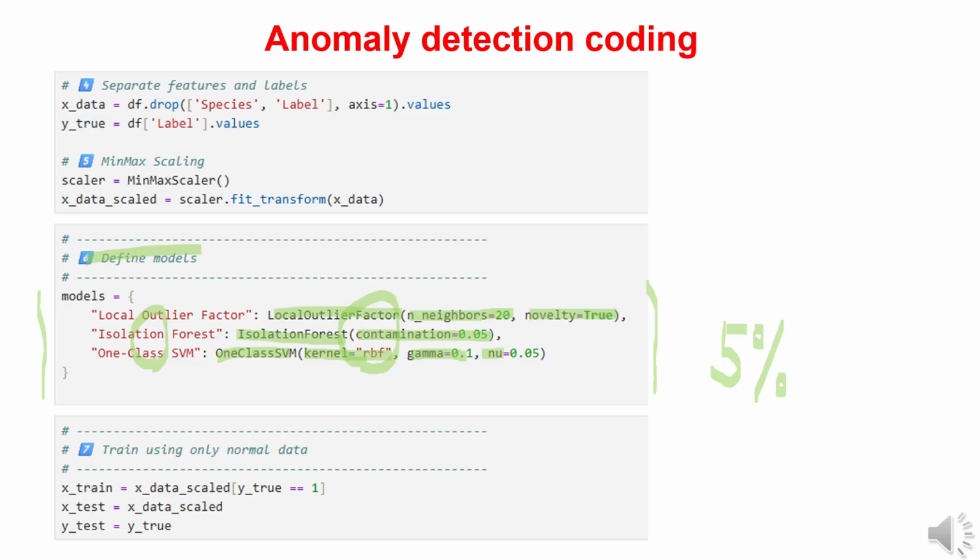For instance, nu equals 0.05 allows up to 5% of the training data to be considered outliers when deciding the decision boundary. After defining the models, we train them using only the normal data. During testing, we evaluate the models on the entire dataset, which includes both normal points and outliers. Finally, we store the true labels for each sample to record whether it is normal or an outlier.